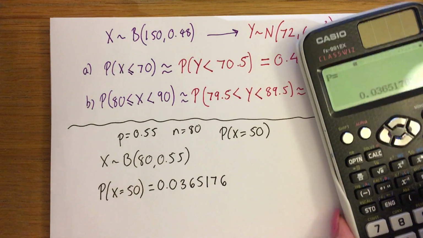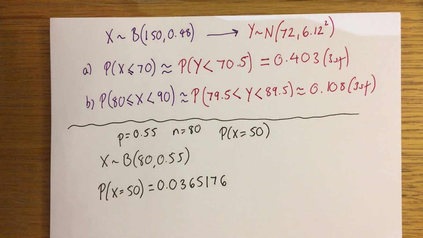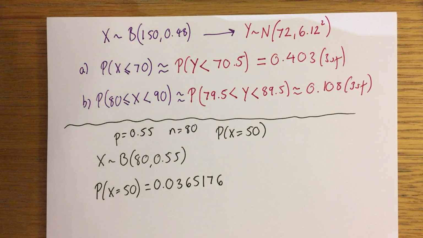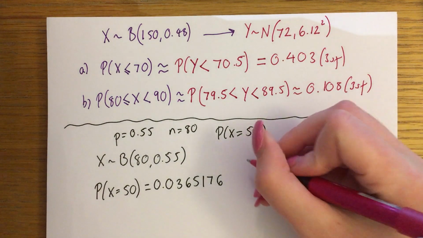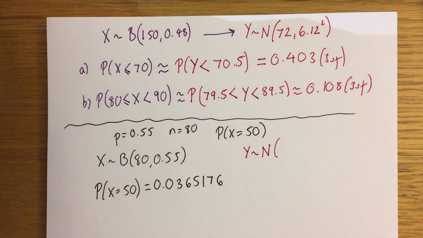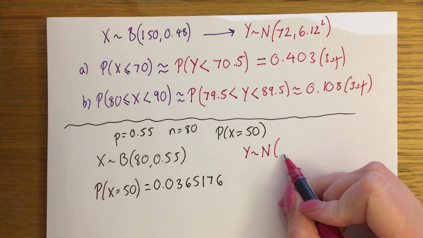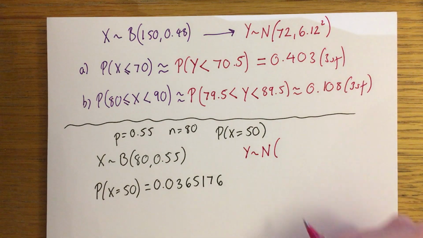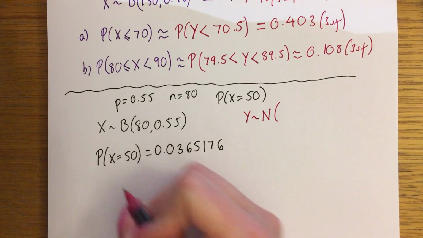I'm going to use quite a few decimal places so that I can really get my accuracy level right for my percentage error. So I'm going to approximate this as a normal distribution. Now I need to work out mu and I need to work out sigma. So I'm just going to do them over here.